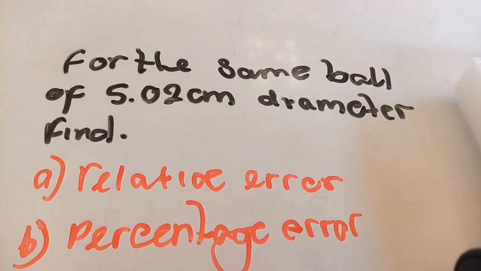So now, another question. For the same ball of 5.02 centimeters diameter, now we find the relative error and the percentage error. So you can pause the video, try answering this question, see if you can get the hang of it, or you don't need to pause the video, we can go through together and see how we're going to answer it. So to find the relative error, it would be our absolute error over the true measurement.